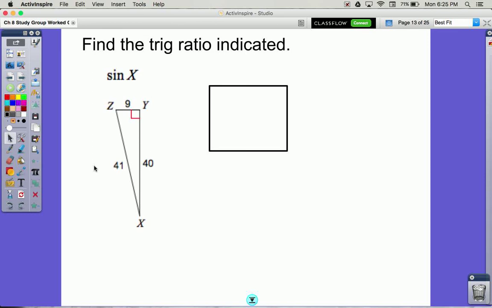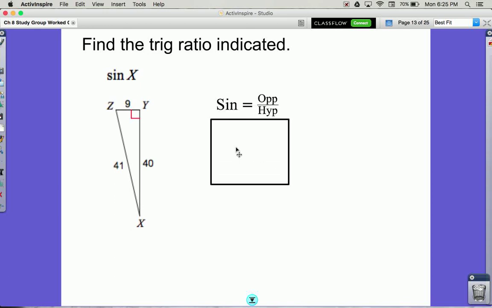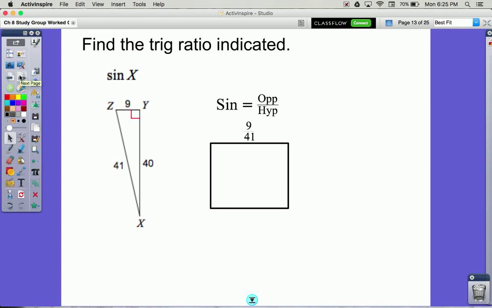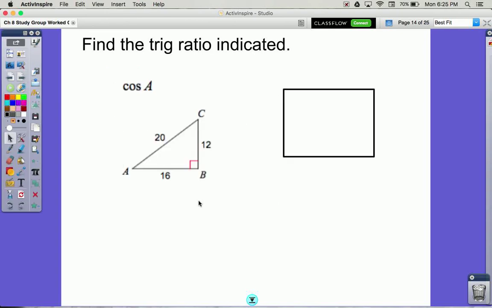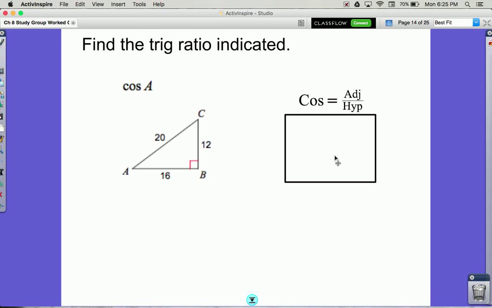So on these ones, you're going to find the trig ratio indicated. So if you're finding the sine of x, sine is opposite over hypotenuse. So the side opposite of x is 9, and the hypotenuse of this triangle is 41. So your fraction is 9 over 41. To find cosine of A, cosine is going to be adjacent over hypotenuse.